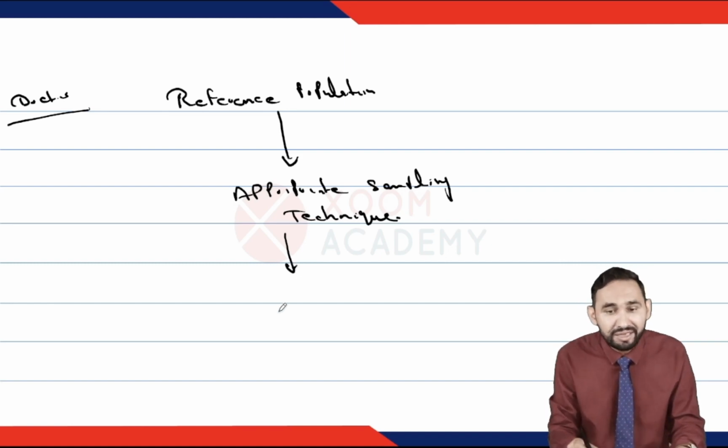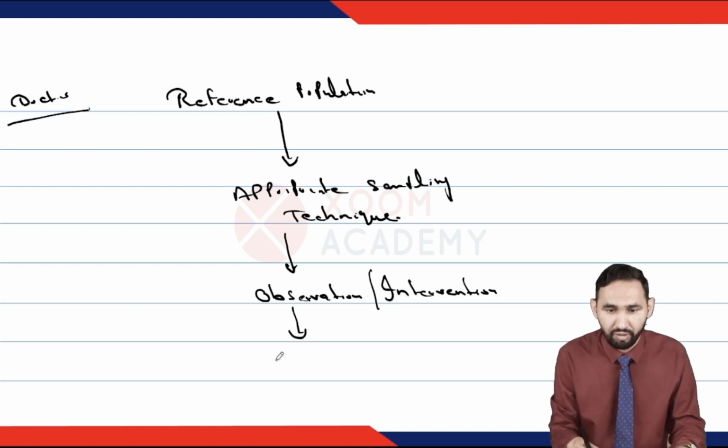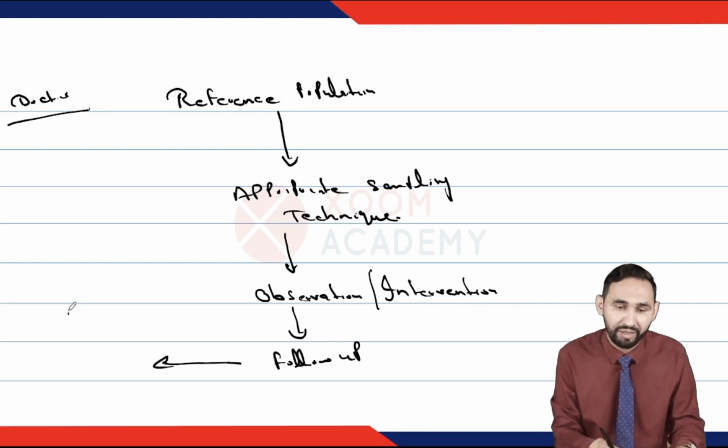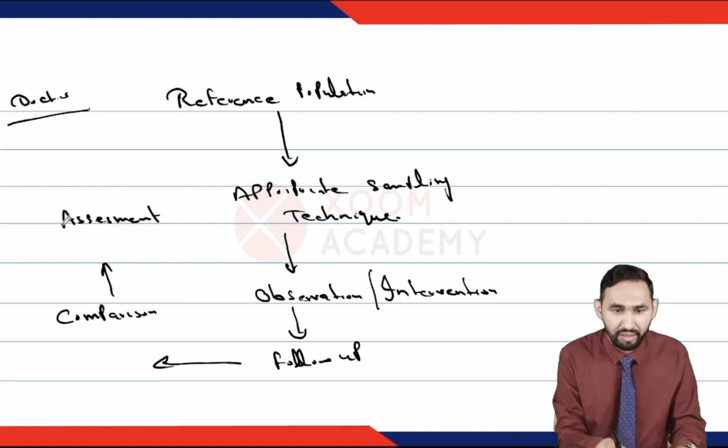Okay, we have selected stratified random sampling. To assess writing skills, we do observation or a certain intervention. We will monitor or do follow-up. Then different specialties are involved. We can make comparison. And then we will do assessment. After making assessment, we will apply these results. We will generalize these results.